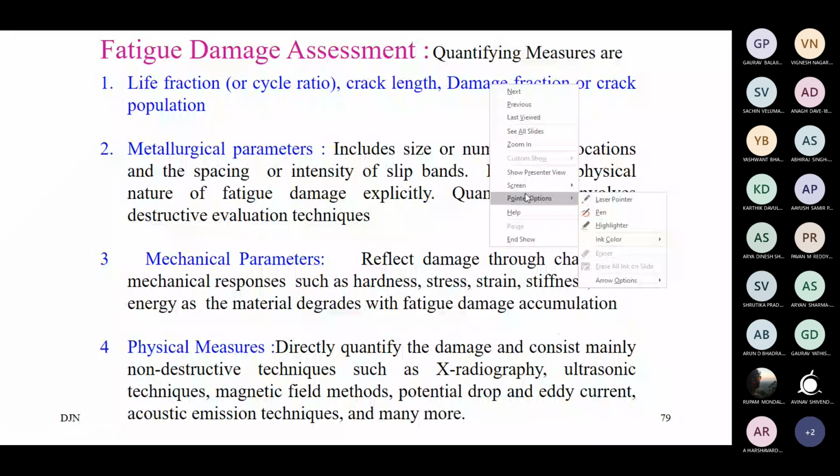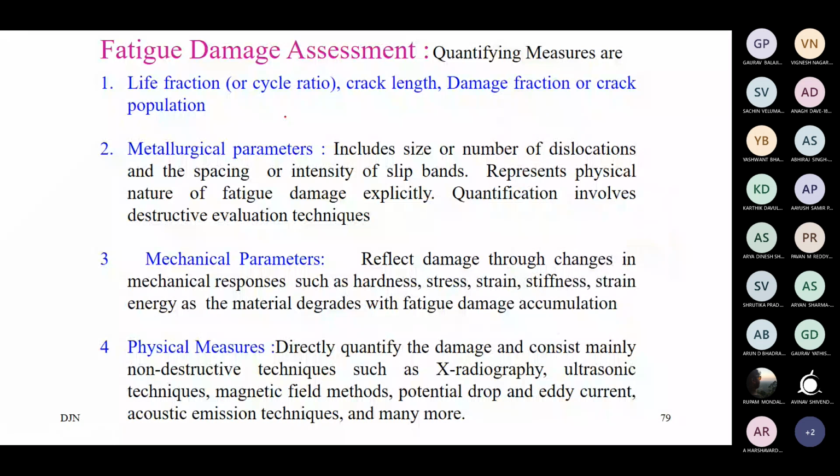So the parameter which we are going to use in our present discussion is the cycle ratio. Only this parameter we are going to address. In the last chapter of this course, fatigue fracture or dynamic fracture, we talk about crack length, the critical crack length, and its propagation.